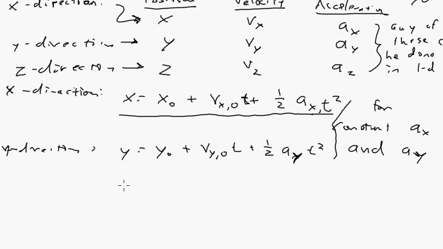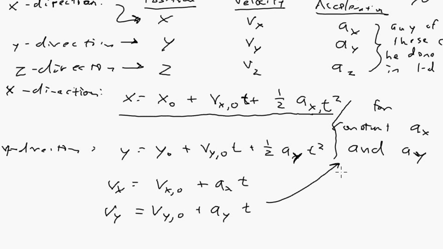You can say v sub x equals vx naught plus a sub x times t. V sub y equals v sub y naught plus a sub y times t. And these also require constant acceleration, but that's fine. That's something we can work with.